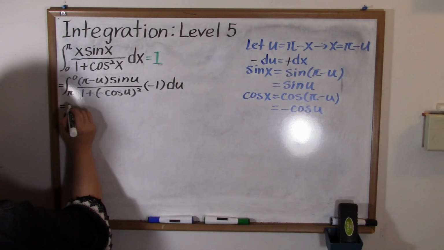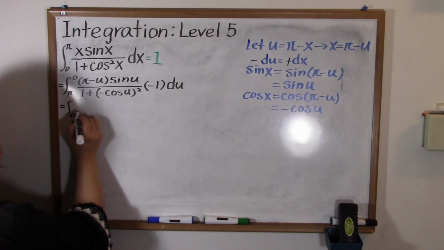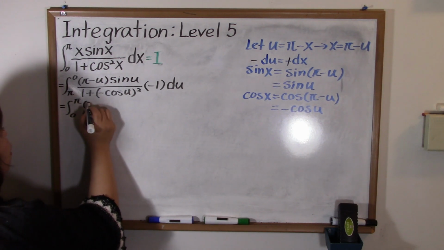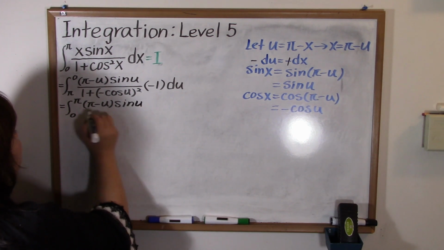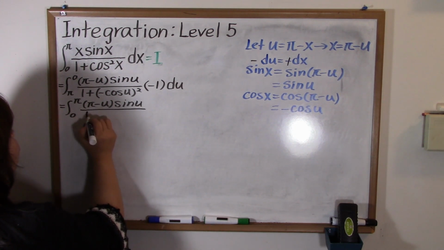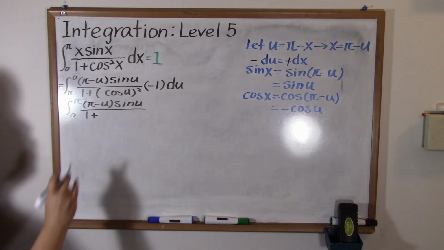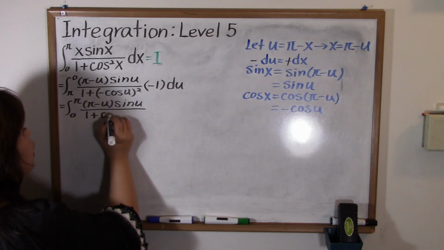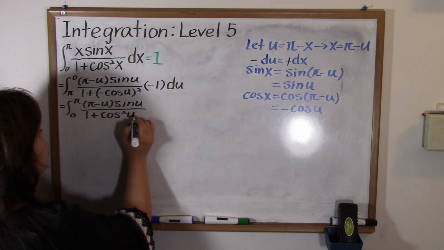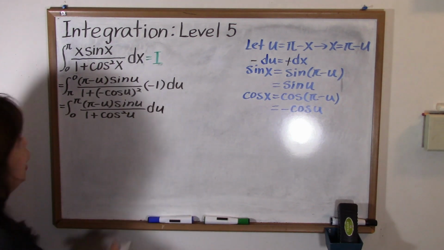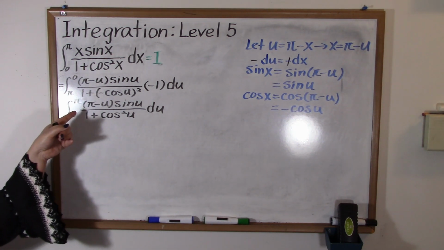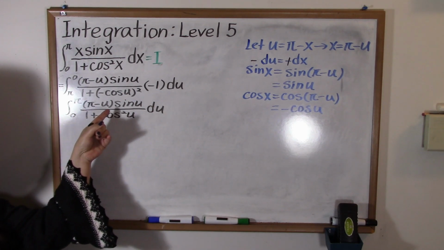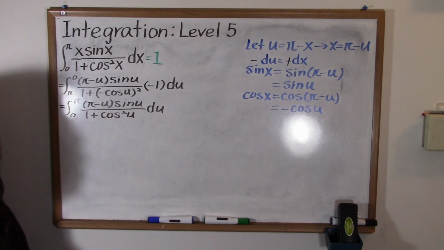Okay? So is equal to integral from 0 to pi of parentheses pi minus u times sine of u all over 1 plus negative cosine u squared is positive cosine squared u and du. And next step, we're gonna multiply pi minus u and sine of u by using distributive property.